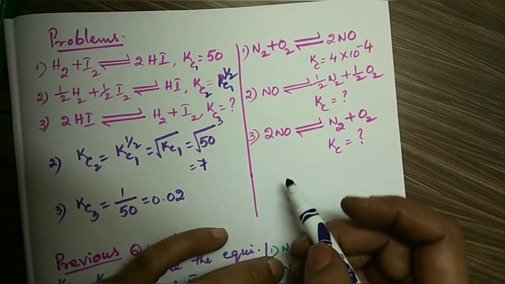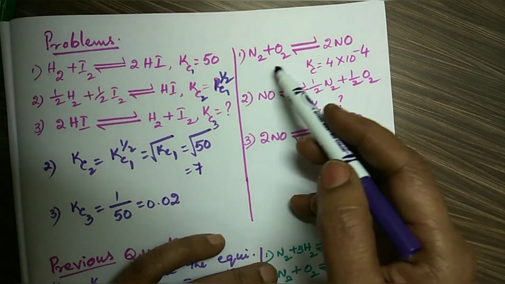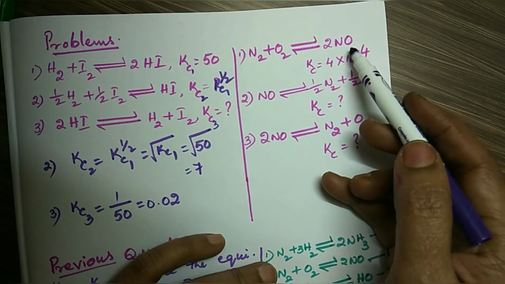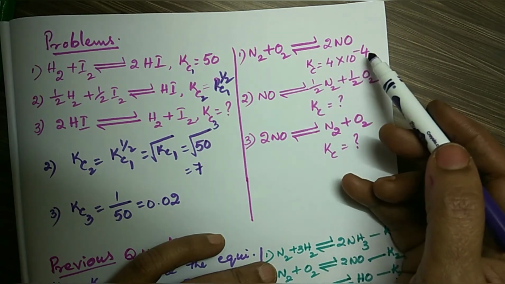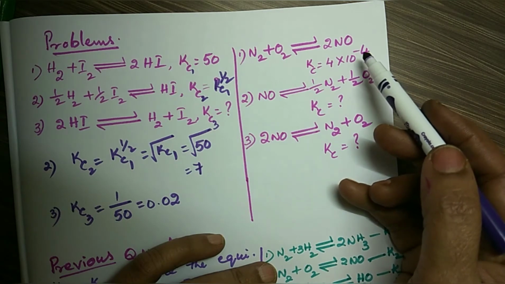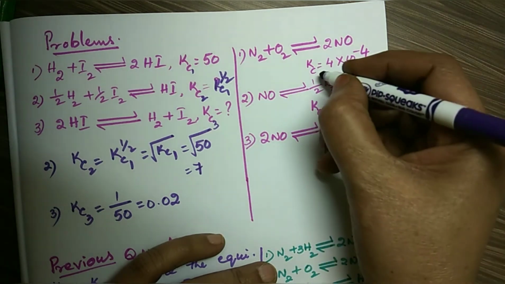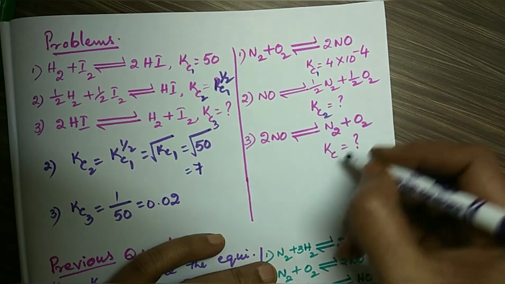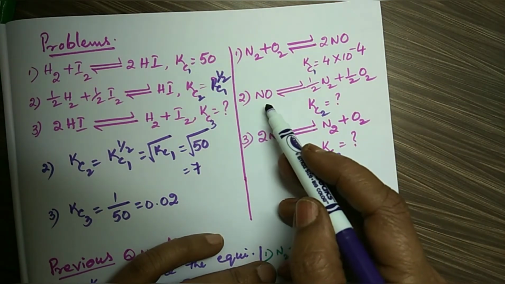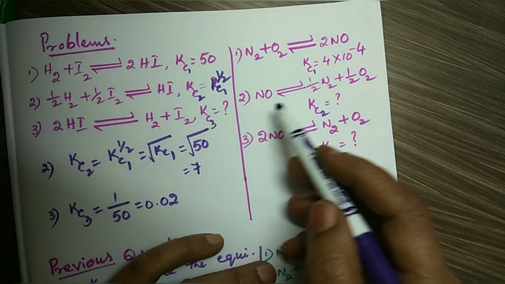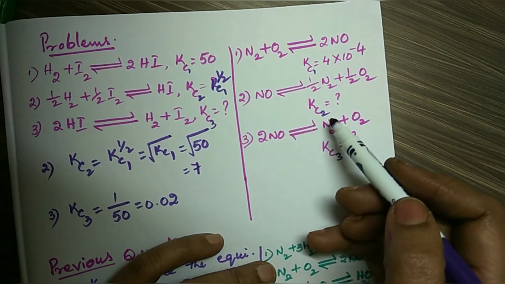And the second example is N2 plus O2 giving 2NO. For this reaction Kc is equal to 4 into 10 power minus 4. Let the reactions be 1, 2 and 3. The second reaction is the reverse reaction and the concentrations are becoming half.